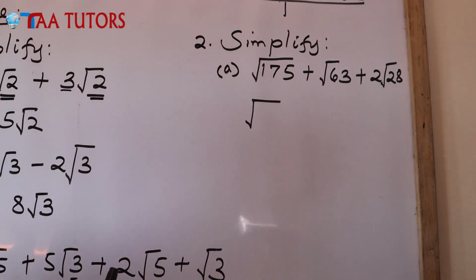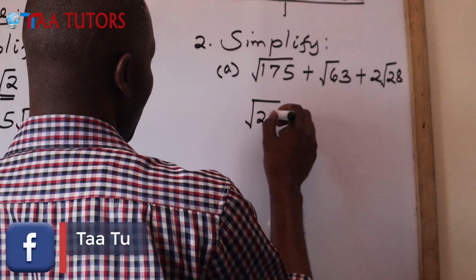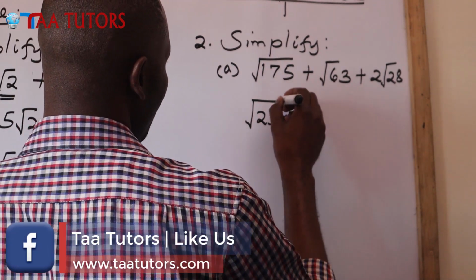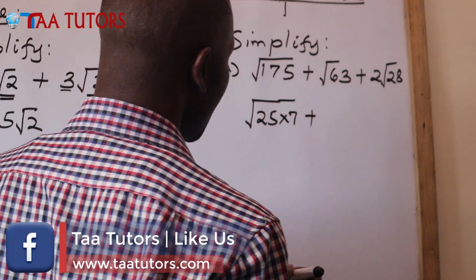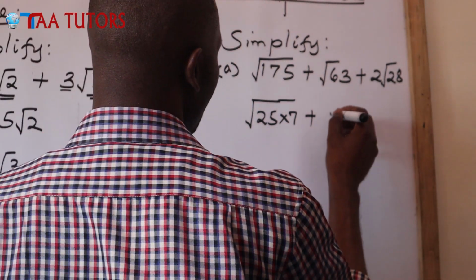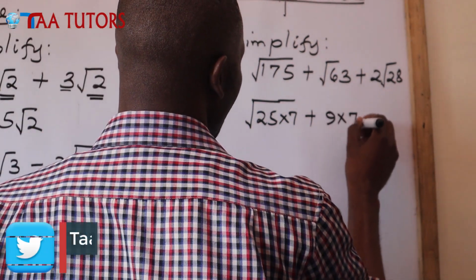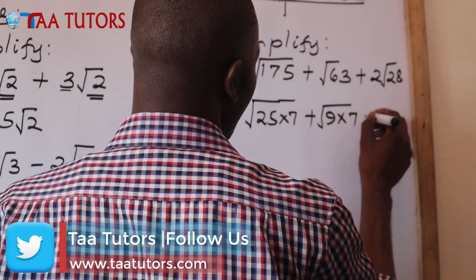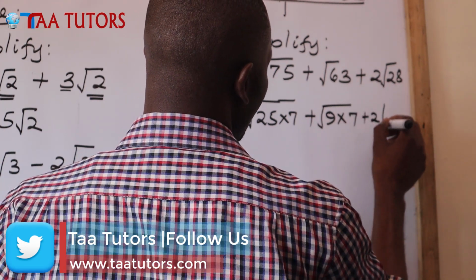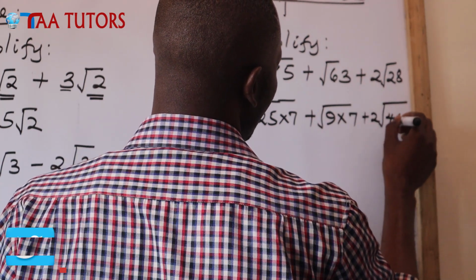So 25 times 7 is 175. Then 63 should be 9 times 7, plus 2 into 28, where 28 is 4 times 7.